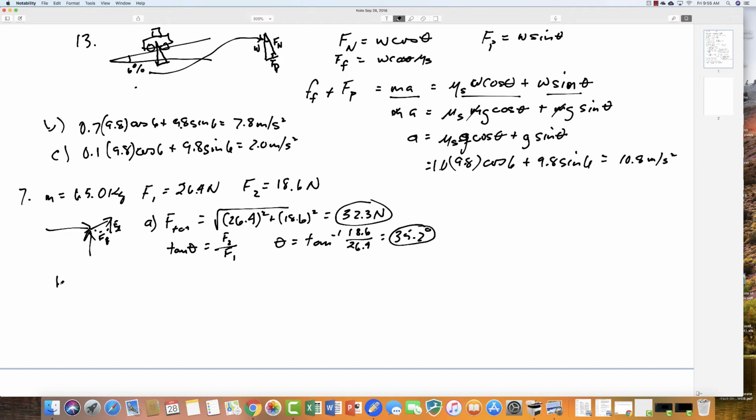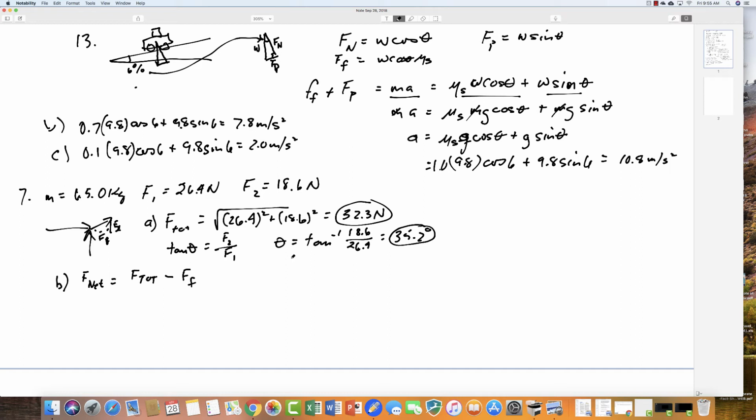The second part of the problem asks what her acceleration is to get her started. To make a long story short, the net force is going to equal the force that's exerted on her, F total, minus friction.